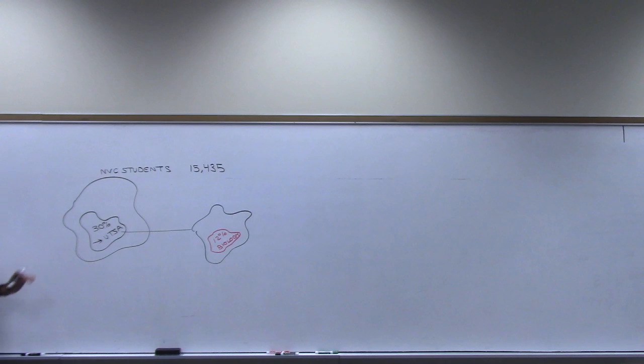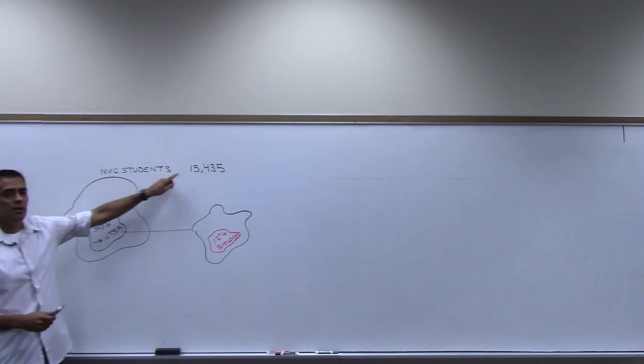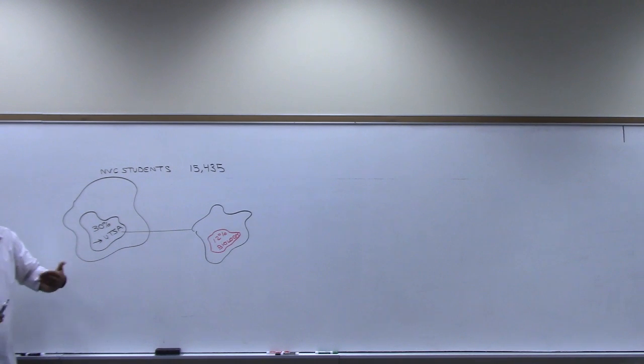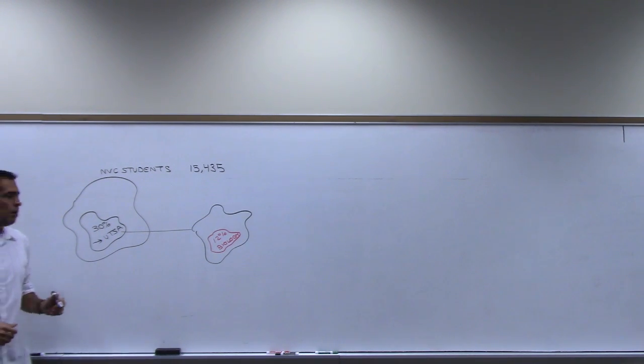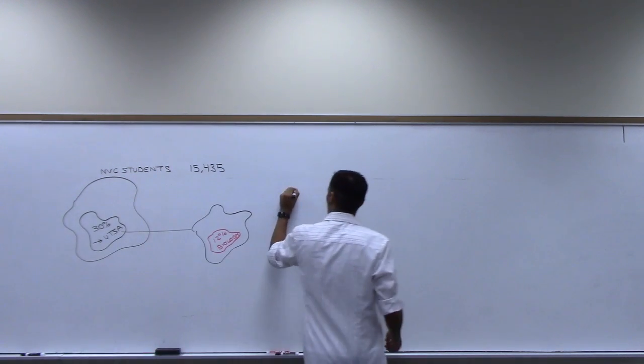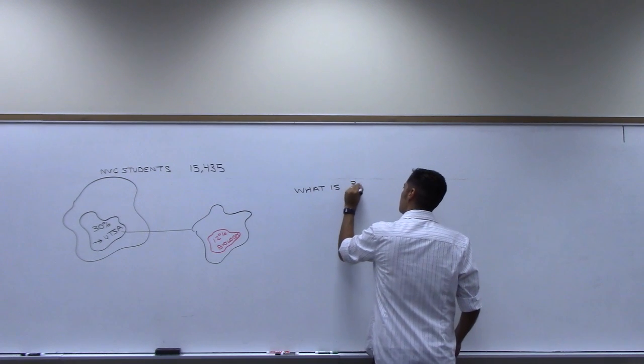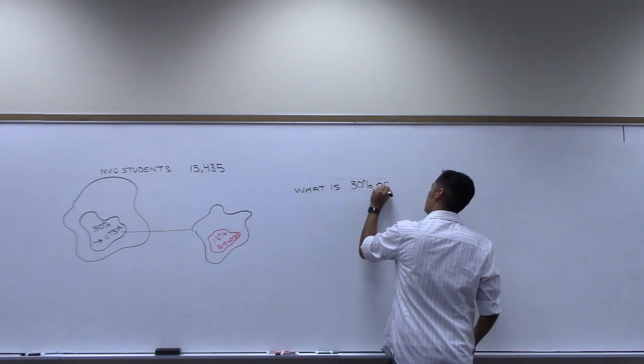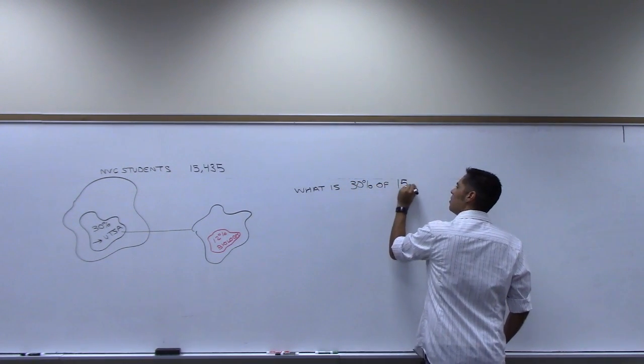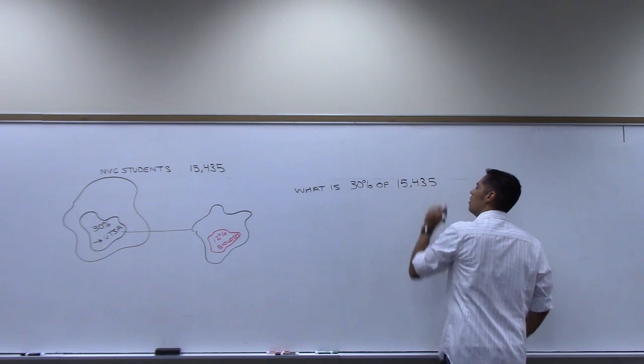15,435 times 20. You're going to multiply this as a decimal times this. So let's convert that into a word equation. We want to know: what is 30% of 15,435?